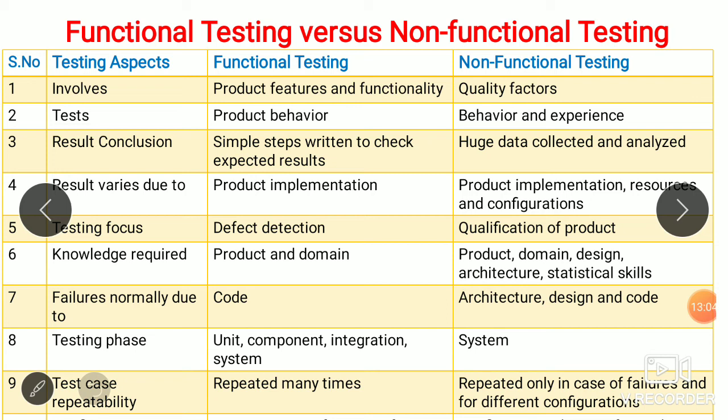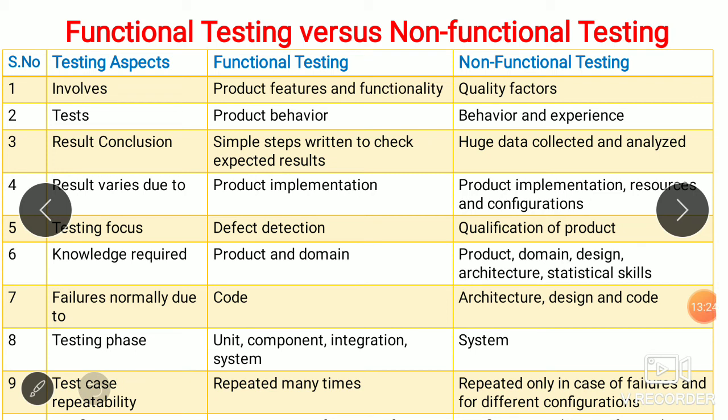Next, the fourth difference is that results vary due to product implementation. It means in functional testing, how you are going to implement your product, based on that the result is going to differ. And in non-functional testing, it depends on product implementation, resources, and configuration.